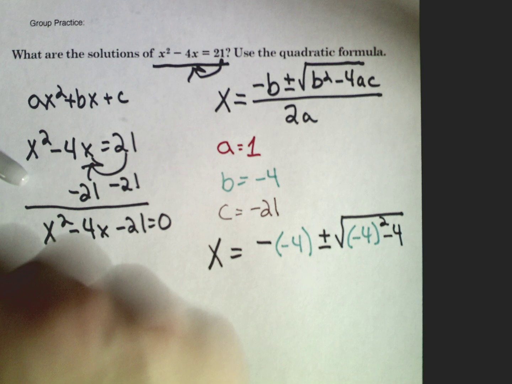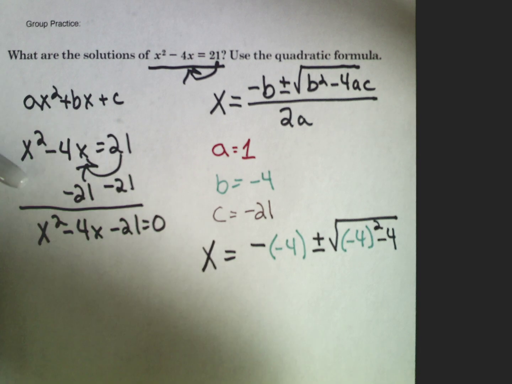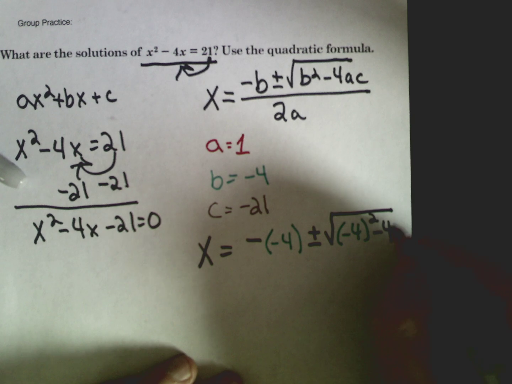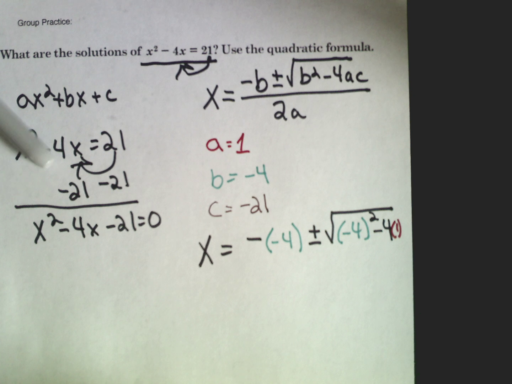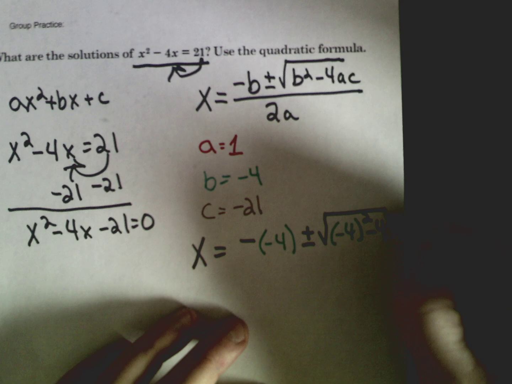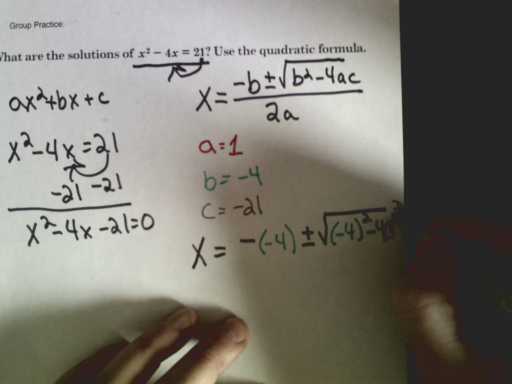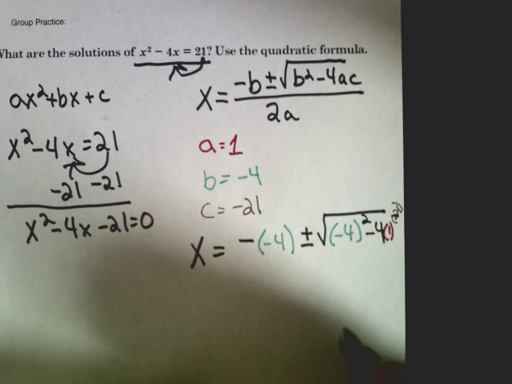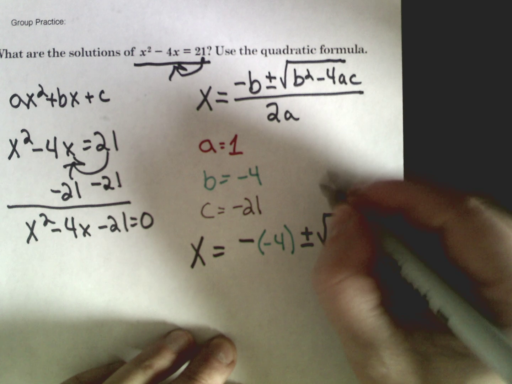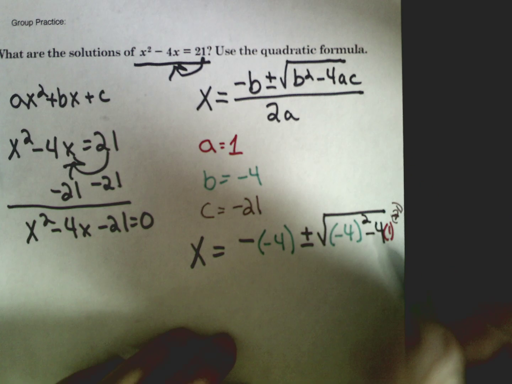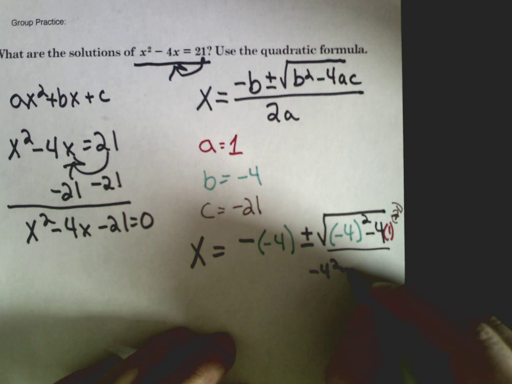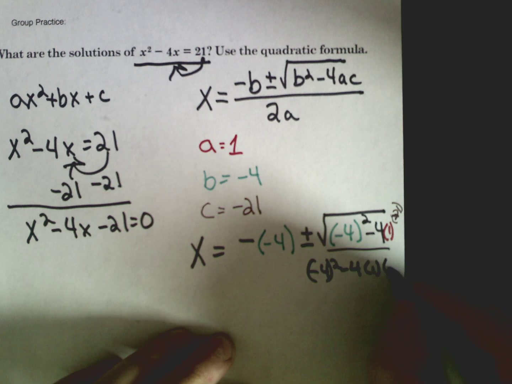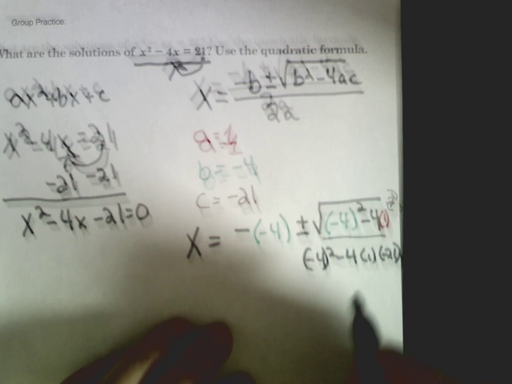I have to write these last two kind of small, so be careful. What it really looks like I have written here is negative 4 squared minus 4 times 1 times negative 21.